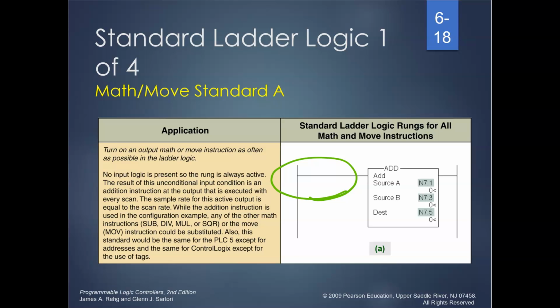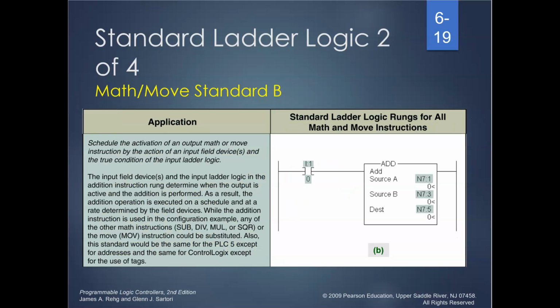The second one is the conditional one. Here you can see that this time, if the input is true, then the addition will happen. Let's assume that after a particular time, for example after pressing a switch, the input will be true and it will remain true.